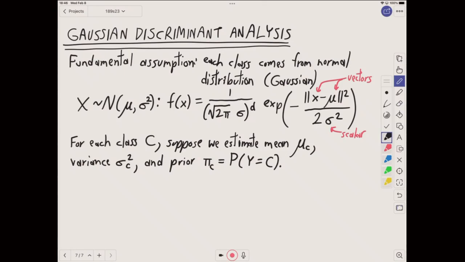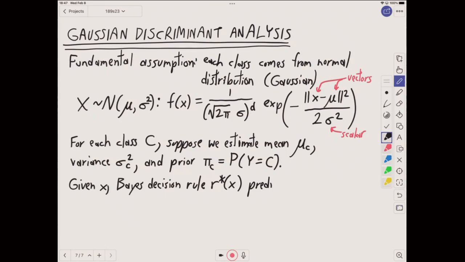All right, so suppose that we can estimate these parameters, and now we know the normal distribution for class C, and the normal distribution for all the other points. Then we can apply the principle from Monday to figure out the Bayes decision rule. Well, we can't actually know the true Bayes decision rule unless we truly know the exact classes, but if we can approximate the distribution of the classes, then we can approximate the Bayes decision rule.